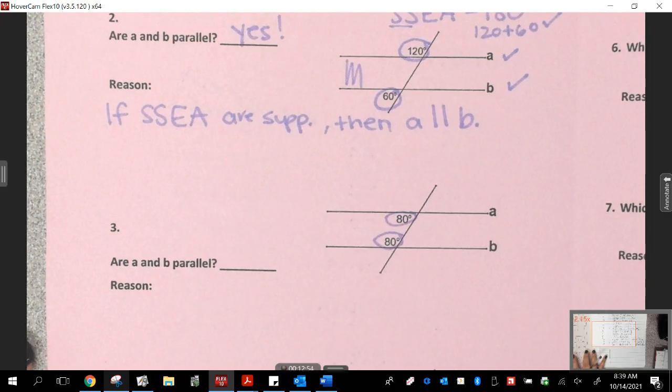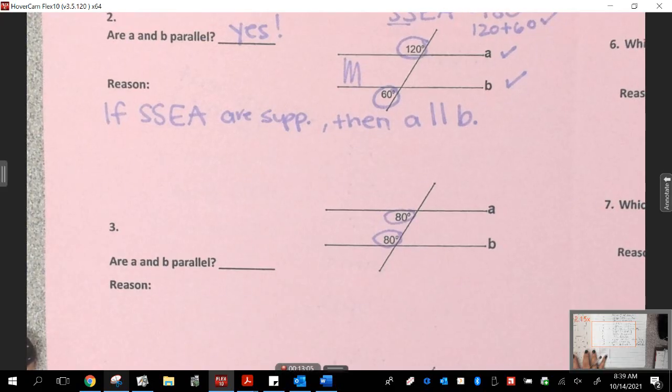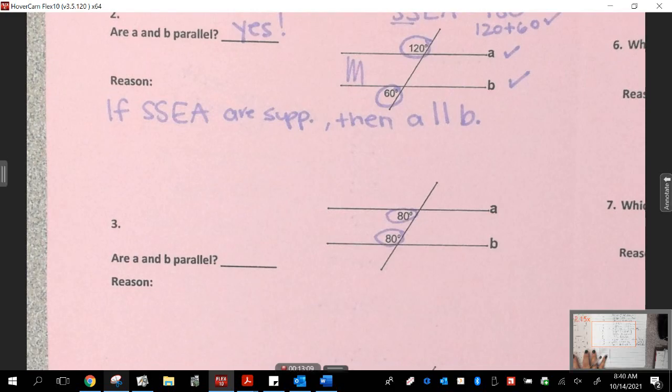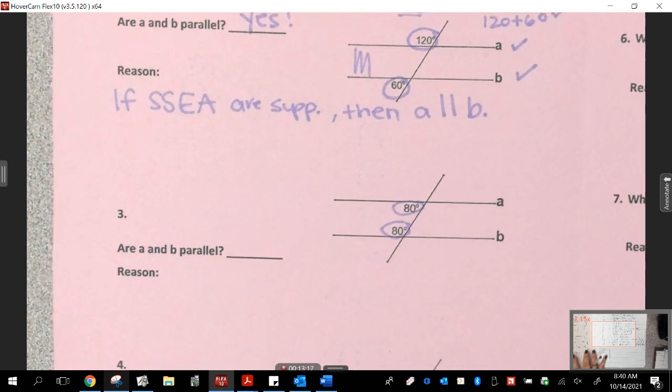Parallel. Oh, no. We'll talk about it. We'll talk about it. Are you good, Glendy? Or not yet? Okay. No. All right.